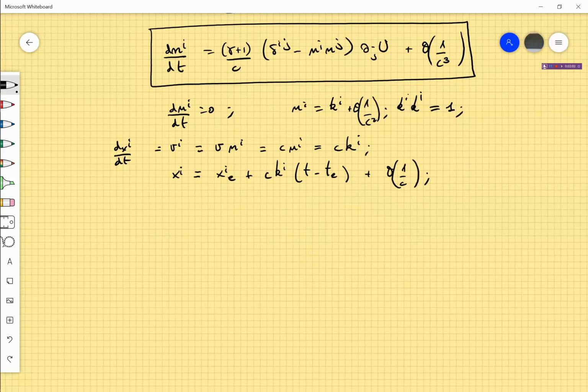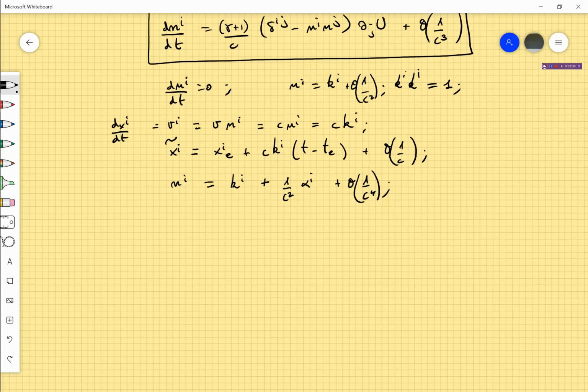Let me call this particular solution x tilde, because then we are going to use it in the next iteration. So in the next iteration, you consider that Ni will be the lowest order solution, ki, plus a term of order 1 over c squared, which I write explicitly, and that I call alpha i, then plus terms of order 1 over c to the fourth.